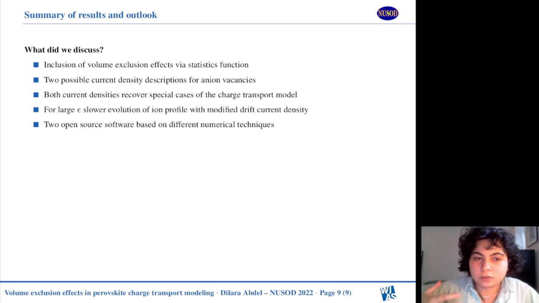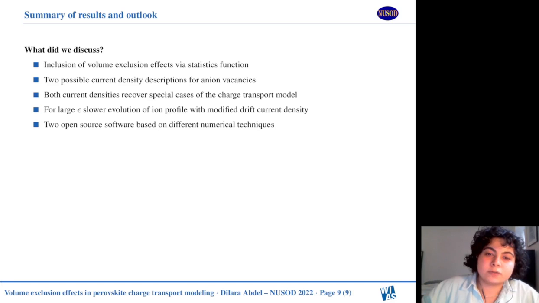When trying to identify regimes where these two descriptions differ, we observe that for larger choices of epsilon, the solutions based on the modified drift show a slower evolution of the ion profile. Lastly, we introduced two open source software tools which are based on different numerical techniques but show a good agreement.